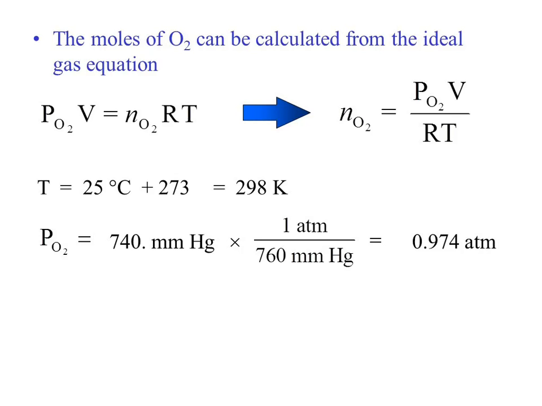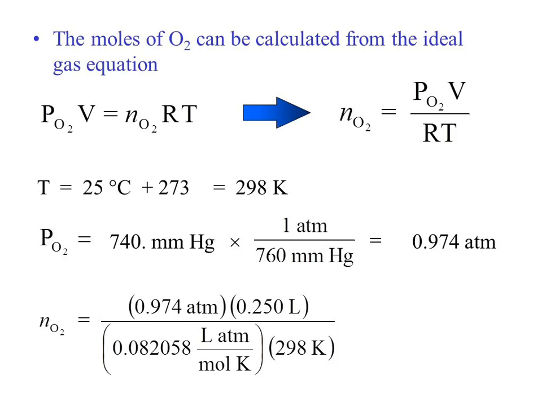Now we're ready to plug in for n. The number of moles of oxygen will be equal to the partial pressure of oxygen, 0.974 atmospheres, times the volume, 0.250 liters, divided by the ideal gas law constant, 0.082058 liters atmospheres per mole Kelvin, times the temperature in Kelvin, 298 Kelvin. Rounding to 3 sig figs, 0.00998 moles of O2.